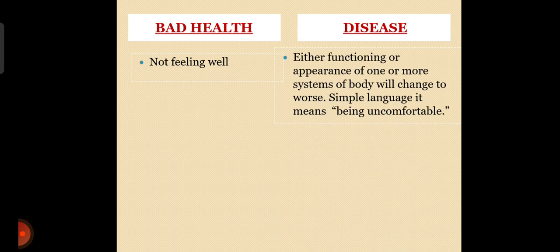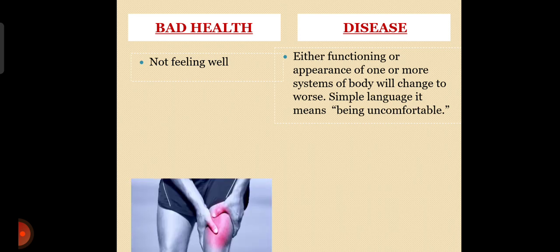Now about bad health and disease. Bad health means a person who is not feeling well. But a disease means either the functioning or the appearance of one or more systems of the body changes for the worse. In simple language, it means that our body is not comfortable with itself.